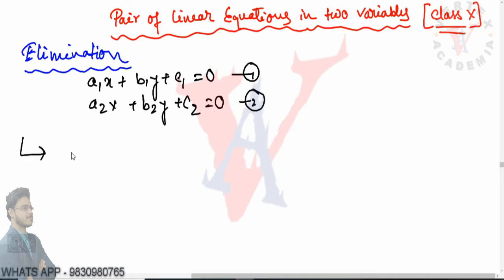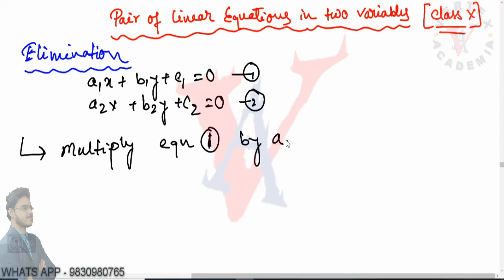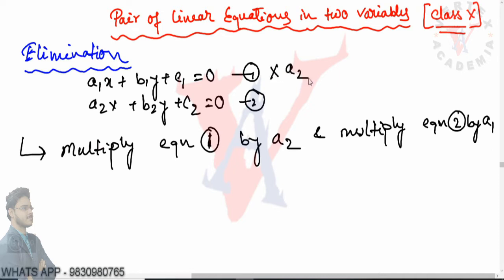Now what we do is multiply equation 1 by a2 and multiply equation 2 by a1.